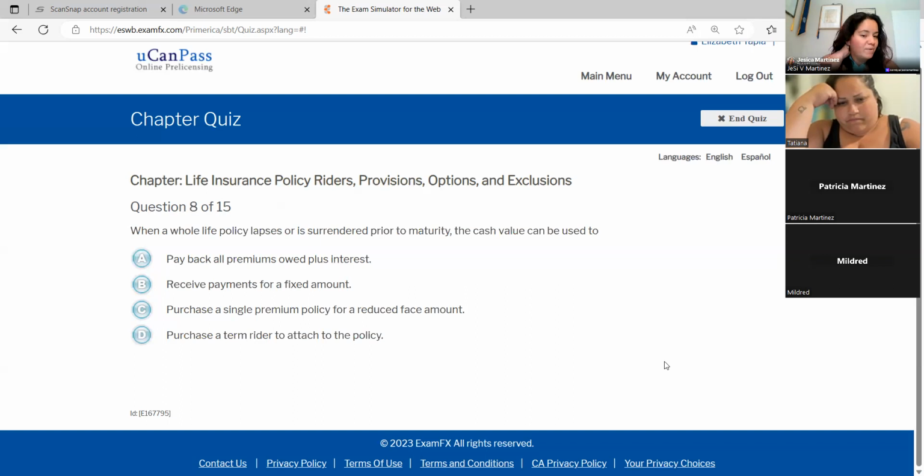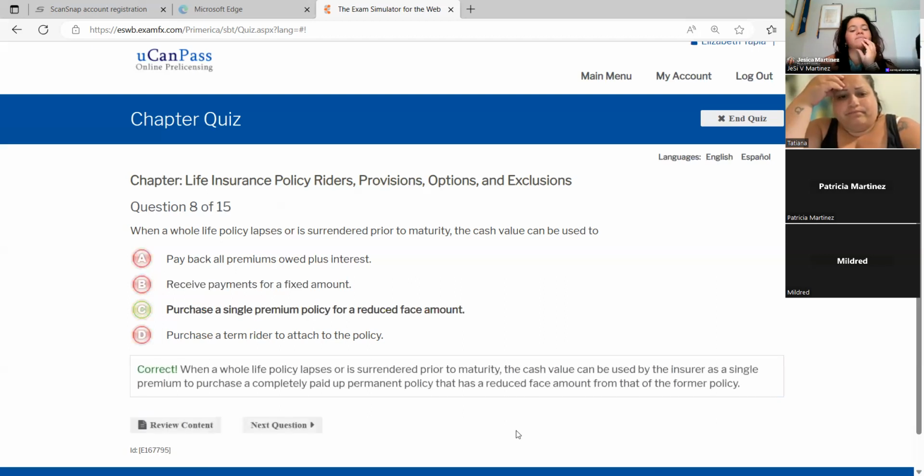Surrender means you no longer have the policy. Ellie says C. You take all the money that they're giving you to buy another policy. I think C. Perfect.